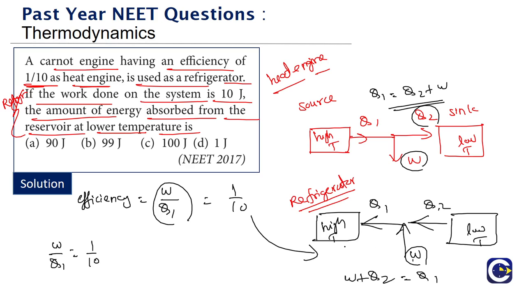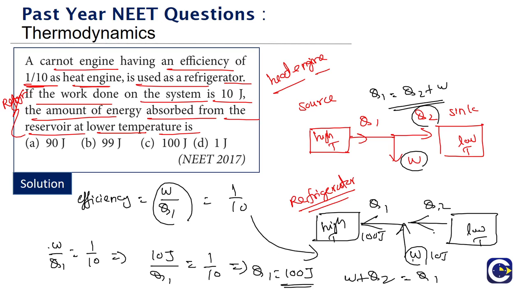They are saying that the work done on the system is 10 joules, so take W as 10 joules. From here, cross multiply, and Q1 will come as 100 joules. Means the heat that we are giving to the high temperature side, which is usually the atmosphere, is 100 joules.